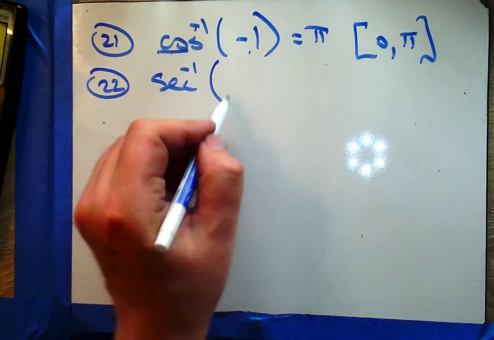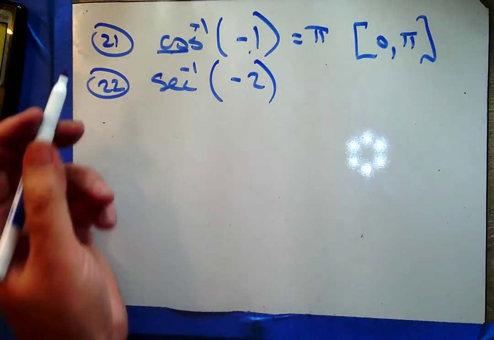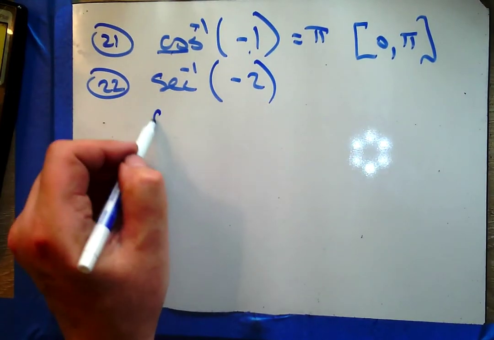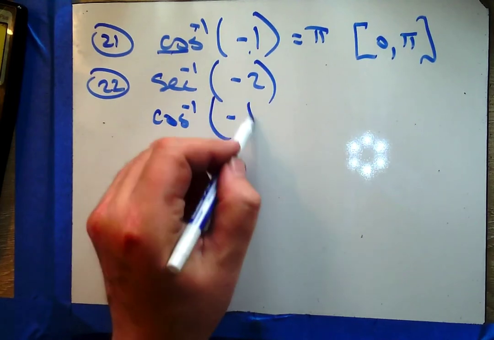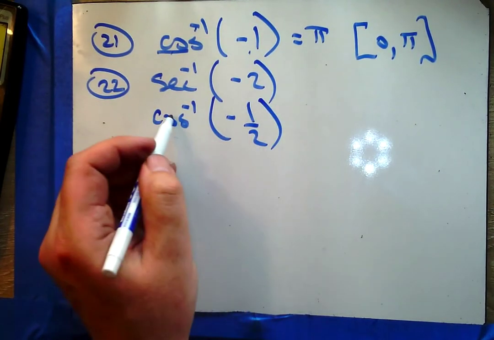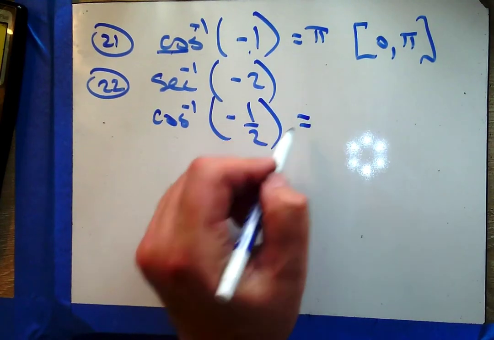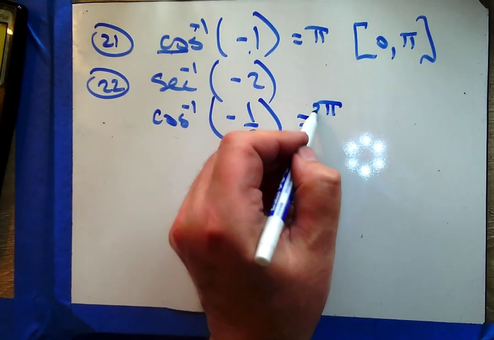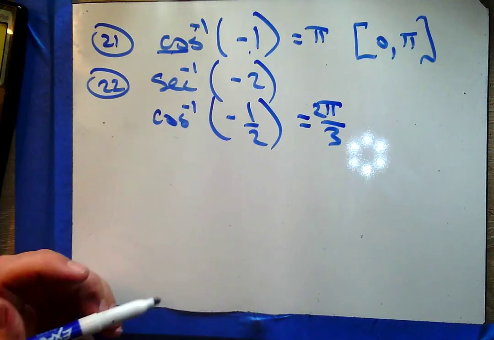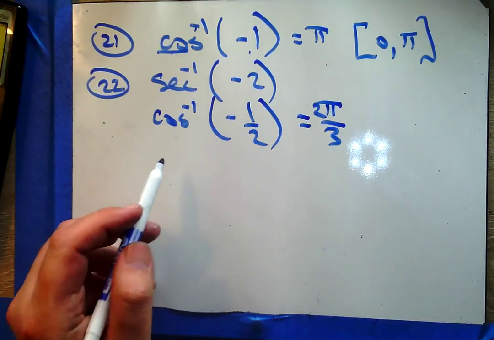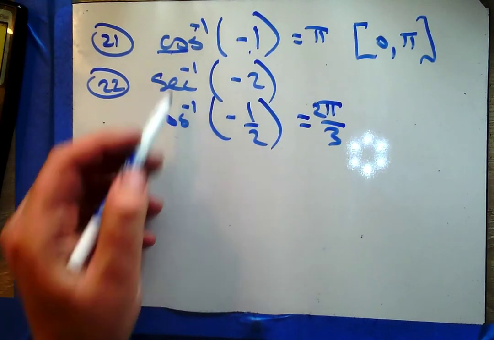Secant inverse of -2. I don't know secant inverse, but I do know that cosine inverse would be of -1/2. Where within the restriction for cosine is the x value -1/2? That happens at 2 pi over 3. But wait. Oh yes, those are the same.